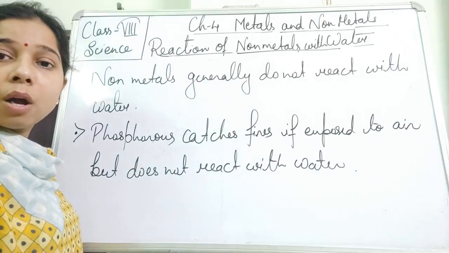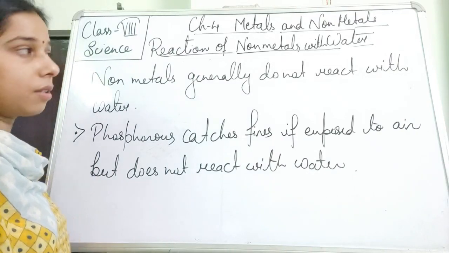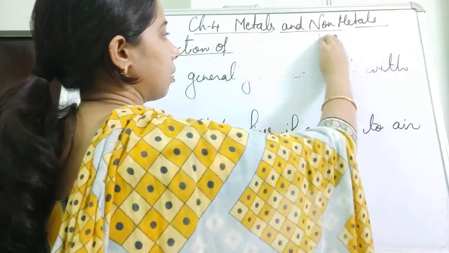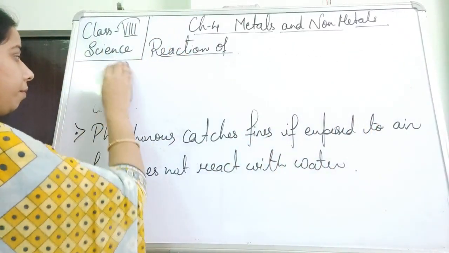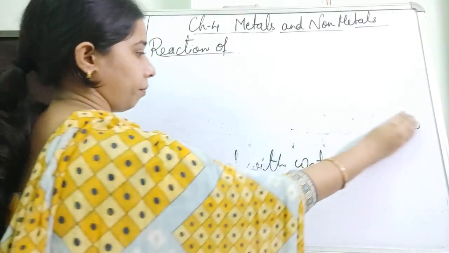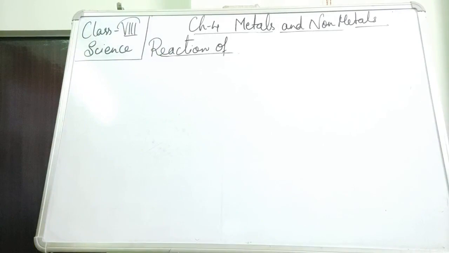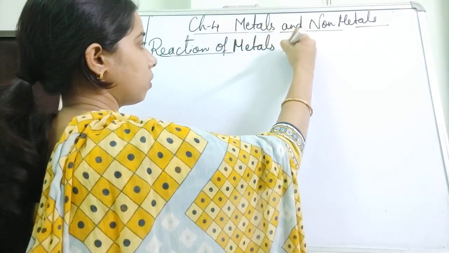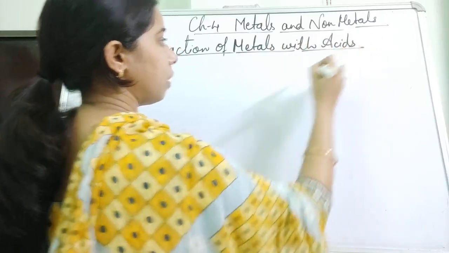Now let us see what kind of reaction will be shown by metals and non-metals when they react with acids. So, reaction of metals with acids.